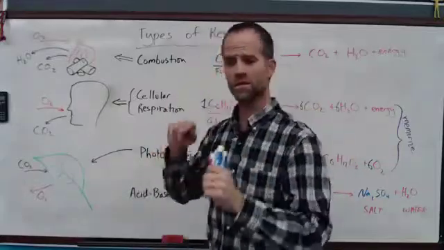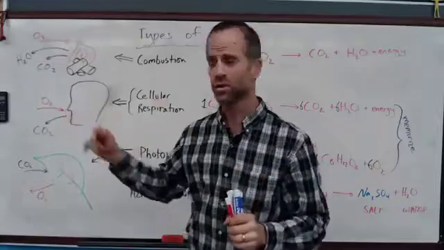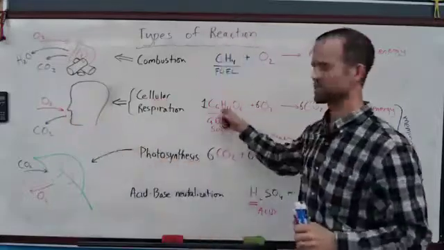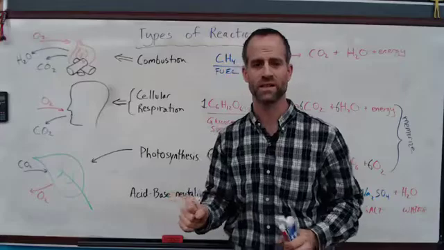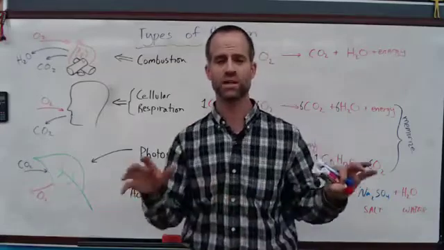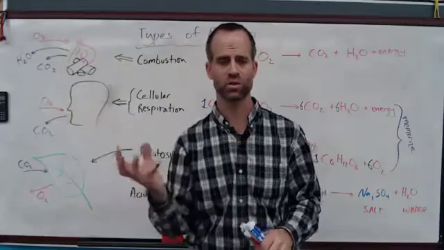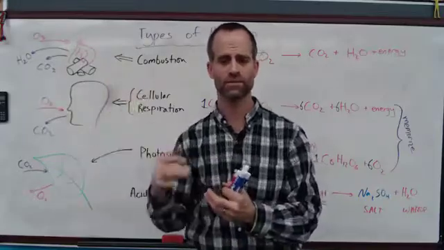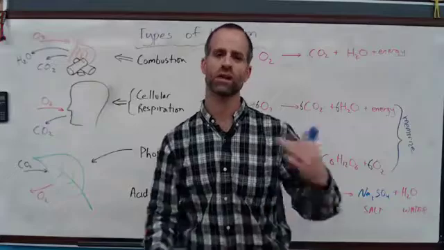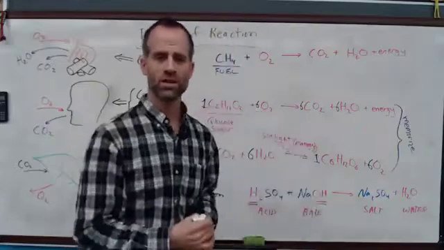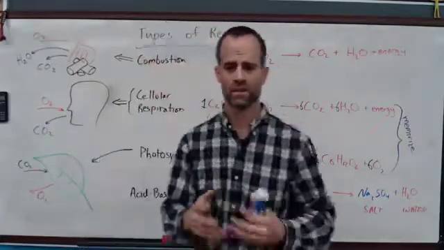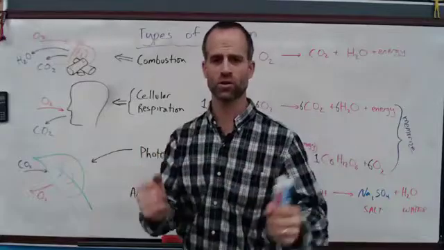The difference is cellular respiration, the fuel is actually sugar, C6H12O6. Photosynthesis is cellular respiration backwards. It's what plants do. And they take in CO2 and water, and with some energy from the sun, they make sugar, okay, and oxygen. That's why plants can produce sweet things like corn.